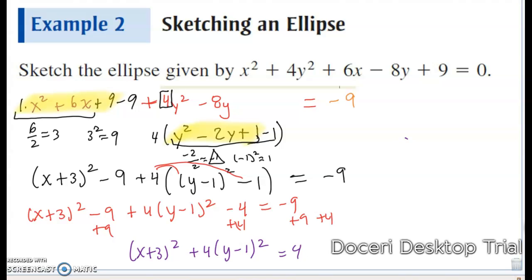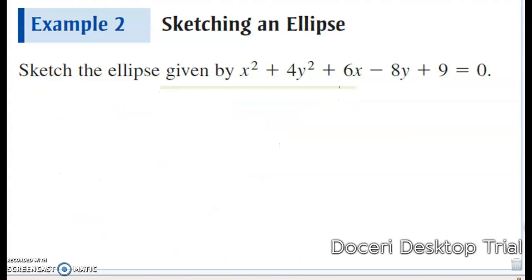All right, we're almost there. It almost looks like the standard form for an ellipse. The only thing we need to do here, which you're going to take over to hyperbolas in the next section, is that whatever you are left with as a constant must always be equal to 1.